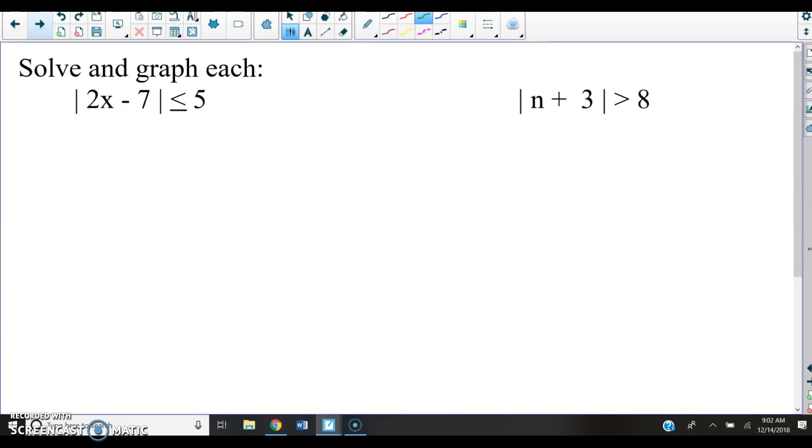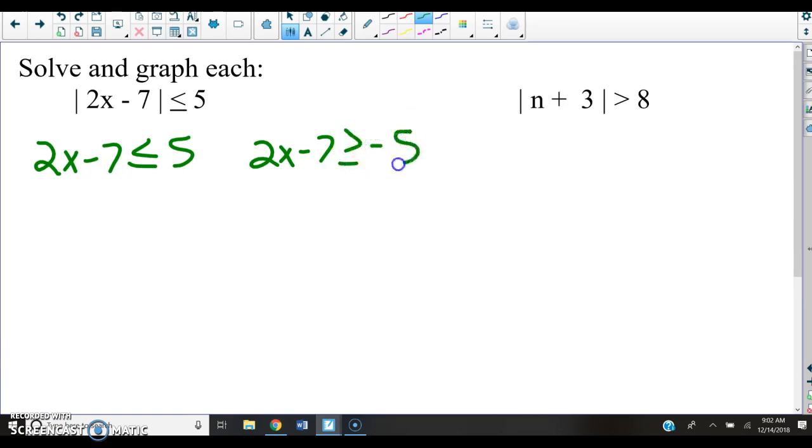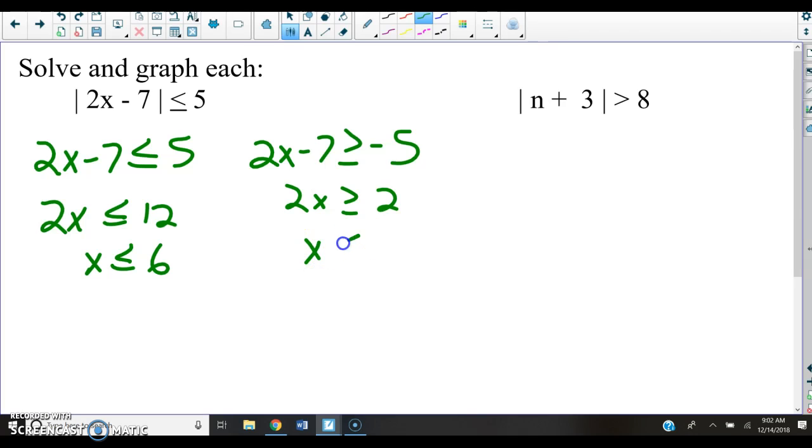So if we solve this, 2x minus 7 is less than or equal to 5. 2x minus 7 is greater than or equal to negative 5. We take the shortcut. We say, oh, when it's negative, it switches. So we switched our inequality. And then it's just a matter of solving this. Here we'd add 7 to both sides and do our dividing.